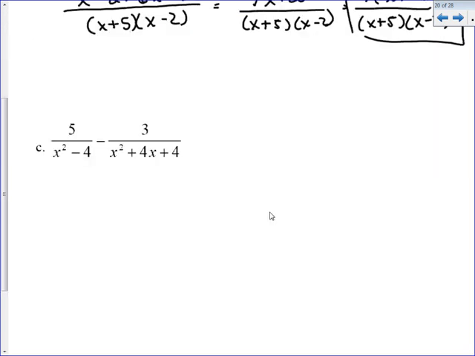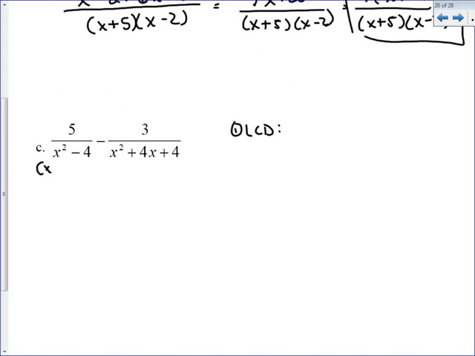All right, C. This one's subtraction. First thing I need when I'm adding or subtracting is a common denominator, LCD. And we're only going to get that from factors. So I'm going to start by factoring my denominators.